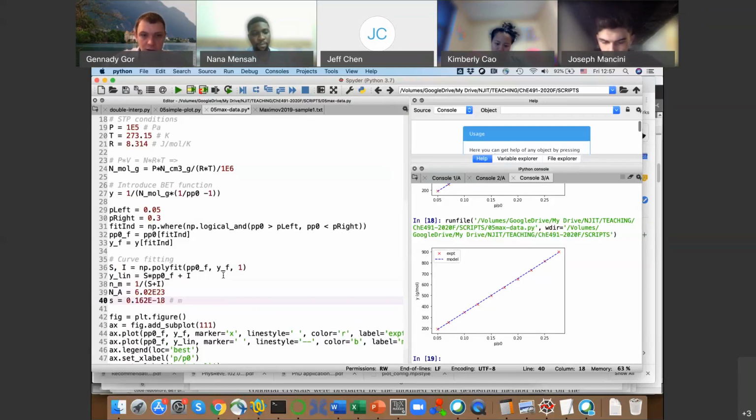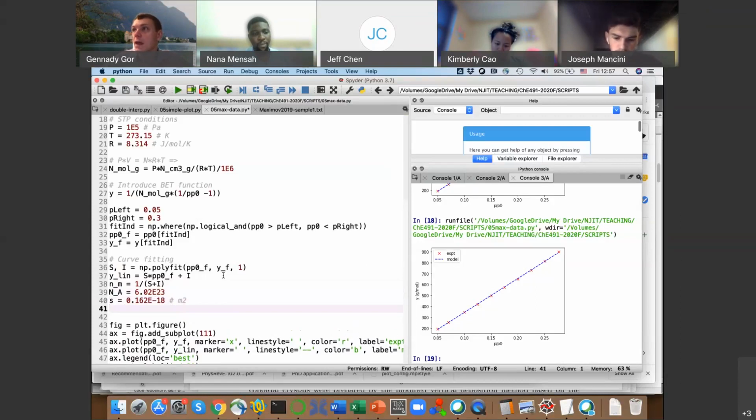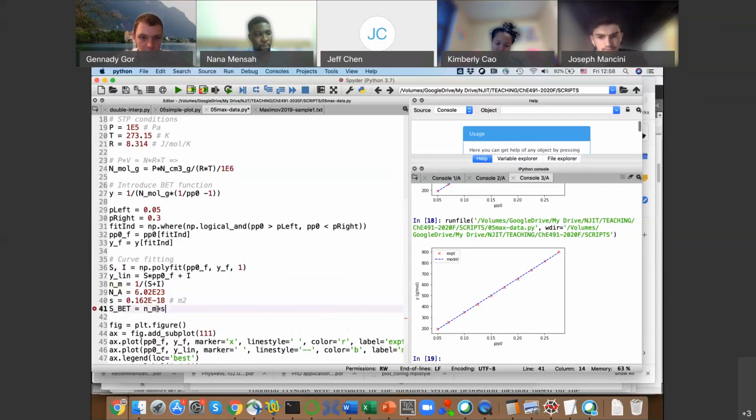So now I'm writing it in meters squared. And I write that my S BET, the BET surface area, is the amount adsorbed, while this is n m, the amount adsorbed in the monolayer, times the area each of these molecules take, right? So this is the area each of these molecules take, and I need to recalculate from moles to number of molecules. So I multiply this by Avogadro number.